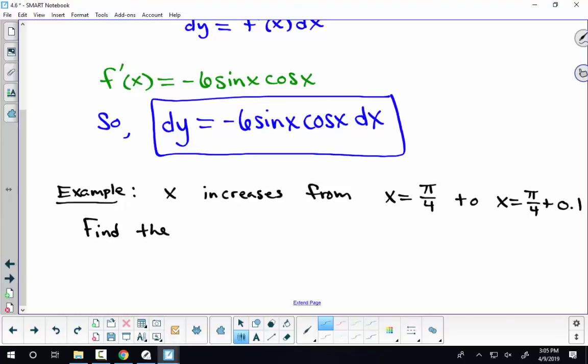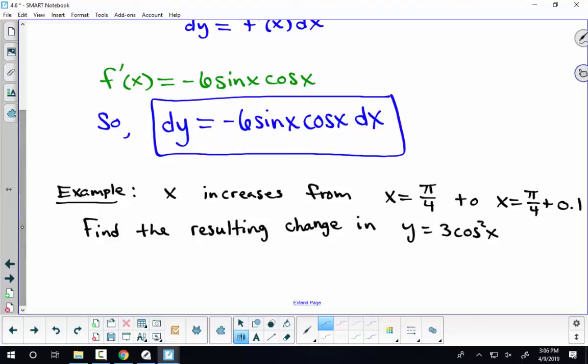Find the resulting change in y, which was 3 cosine squared x. So dy is the unknown. That's what we're determining. In order to determine that, we have negative 6 sine x cosine x dx. So to compute that, we need an x value, and we need the value for dx.